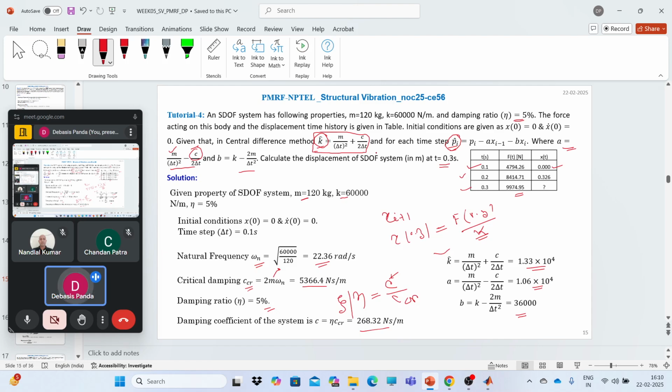Or you can cross check later, or if you are doing it, just let me know. If you are doing it right now, then I can wait or I can go to the next slide. Yeah.